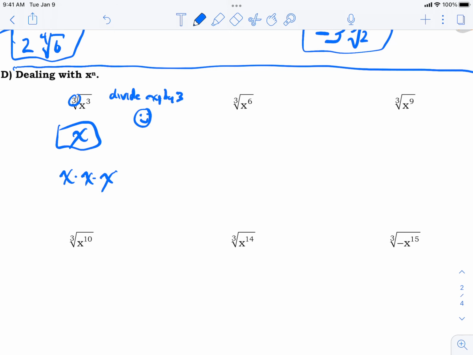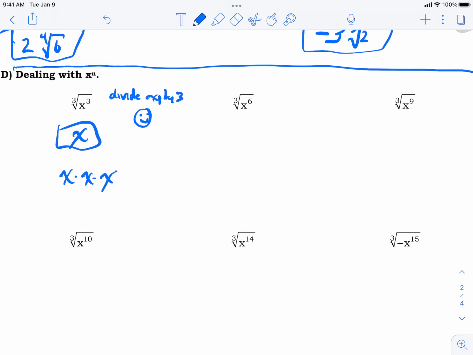And of course, x times itself again gives me x cubed. And remember, with odd roots, I don't have to worry about any of this, because if x were negative 2, if I had negative 8 inside, my principal root would be negative 2. So I don't have to worry about whether I'm getting a positive. If I plug in a negative x, I'm going to get a negative answer, which is what I want. I'm not going to have to worry about absolute value bars.